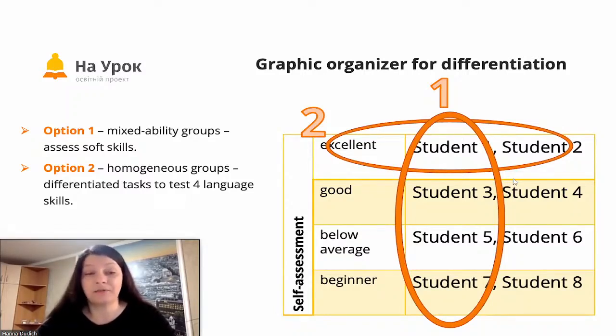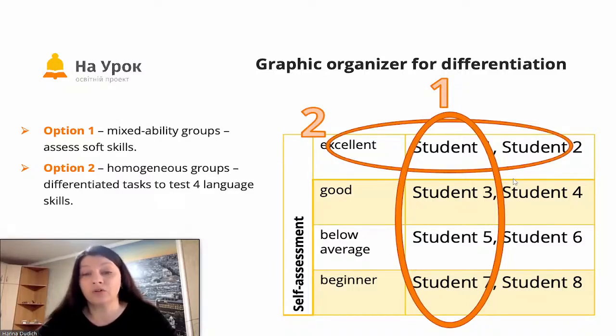After writing the first task with your students, with any group of students, you can put down the list of your students in the class or in the group, not in alphabetical order, but according to their level of achievements. And you can put down the names of excellent students, students who did their task in top and got the top marks in the first row.